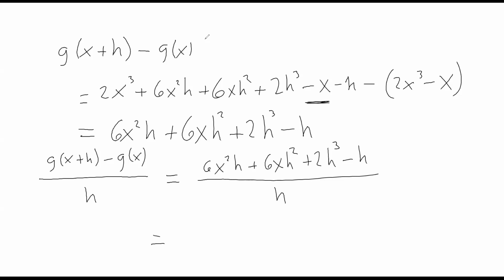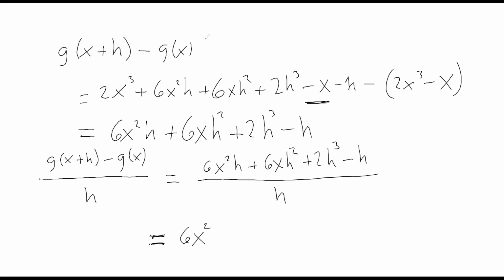Okay, so what happens with division, which is what fractions are all about, dividing by h is possible. If you divide a polynomial by h, you can divide term by term, which is handy here because each term involves h. So the h's will be divided out here. So we would end up with 6x squared. H divided by h is gone, so we don't have that.